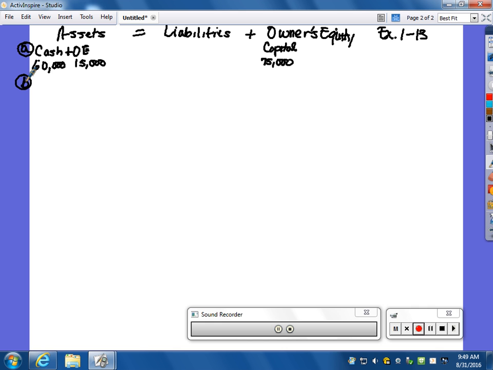B says the company paid $1,500 cash for rent of office space for the month. What increases? What decreases? Cash decreases, and what else happened? Expenses did what?